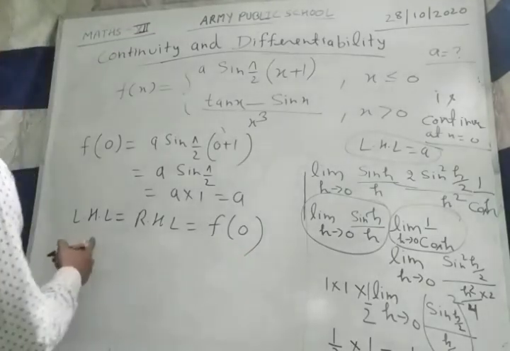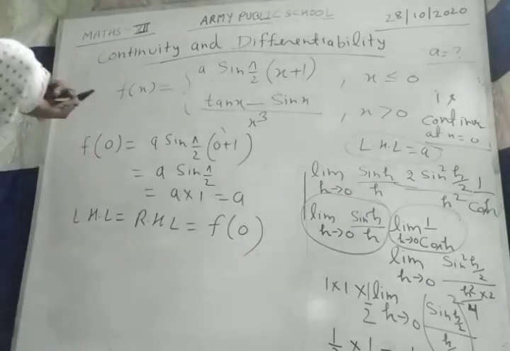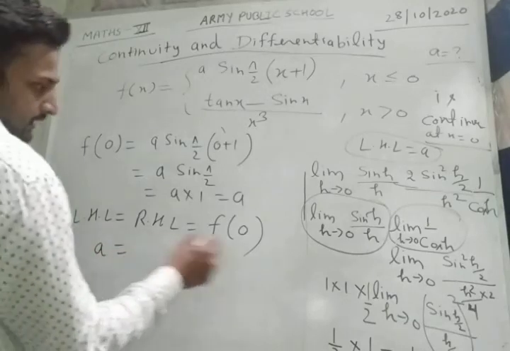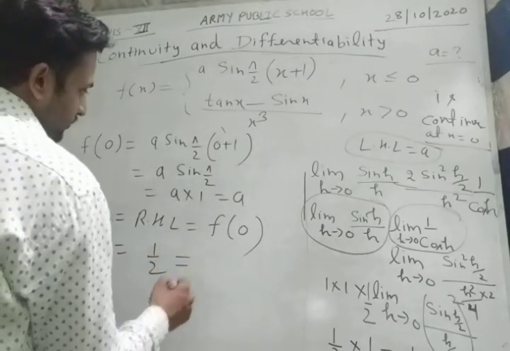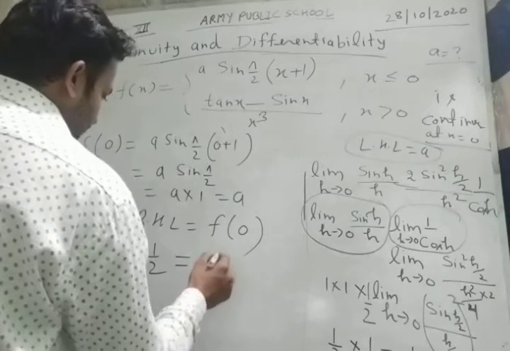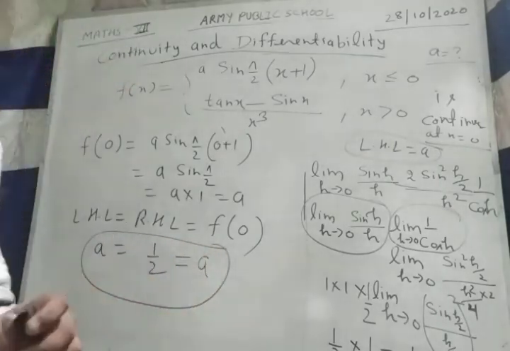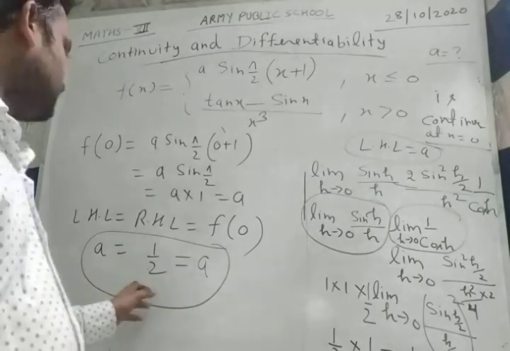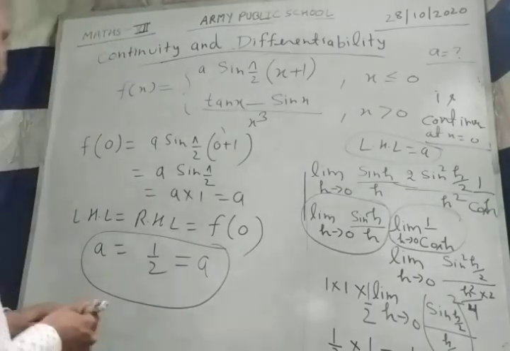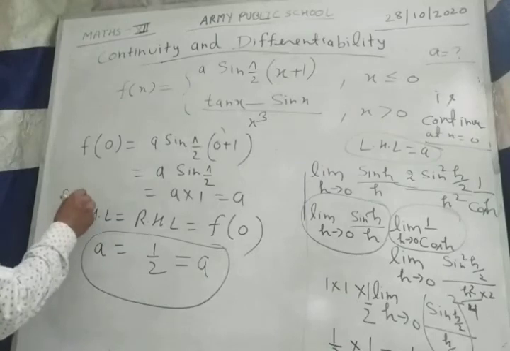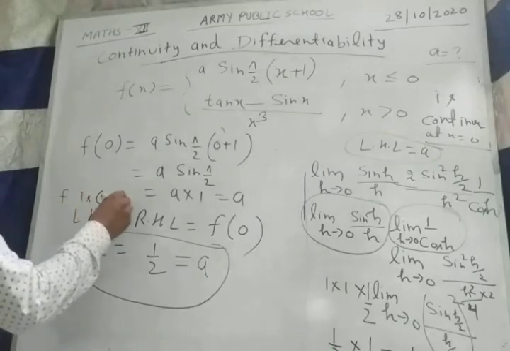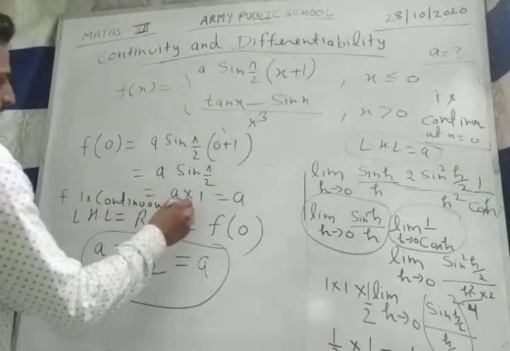So we write left hand limit is a, right hand limit is 1 by 2, and the value of the function is a. In this way we get the value of a as 1 by 2, because this function is continuous.